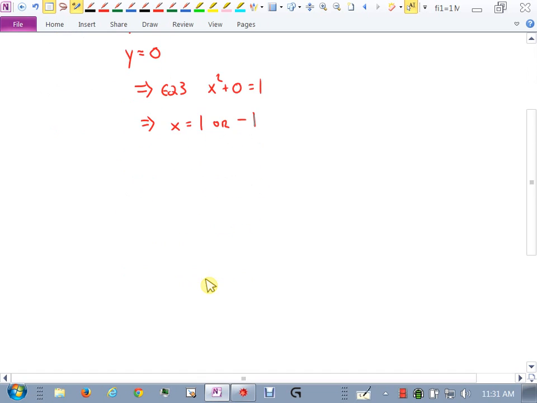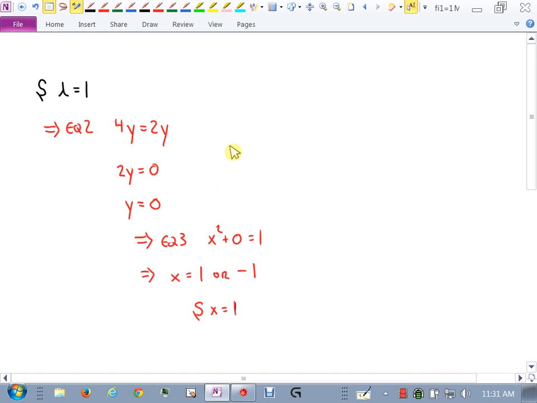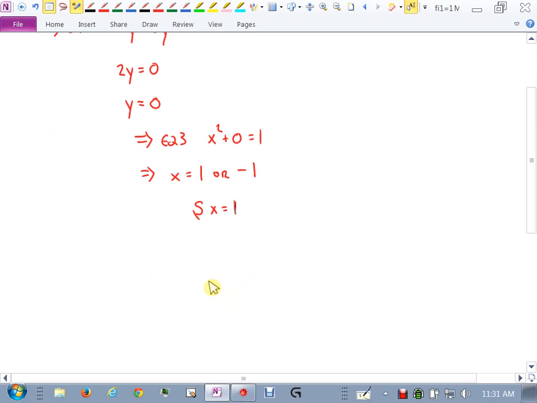What if x is 1? Suppose x is 1. Is that right? Do I need to suppose? Think about this. Yeah, we have it, don't we? We needed 3 things, lambda, y, and x, right? I have lambda, I have y, and I have 2 possible values for x. So we just have those 2 sets now to put. I don't have to break this down and go different cases because there's nothing else for me to find.